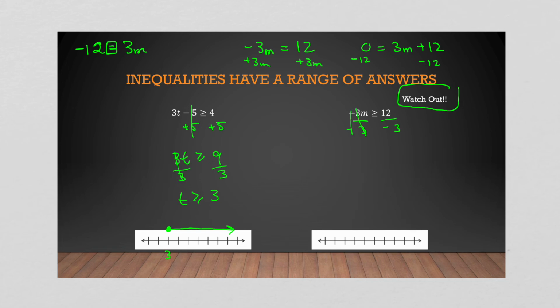If at any point you multiply or divide by a negative number, this has to flip, okay? Because you divided by a negative. So m is now less than or equal to -4. So you have to flip your inequality.